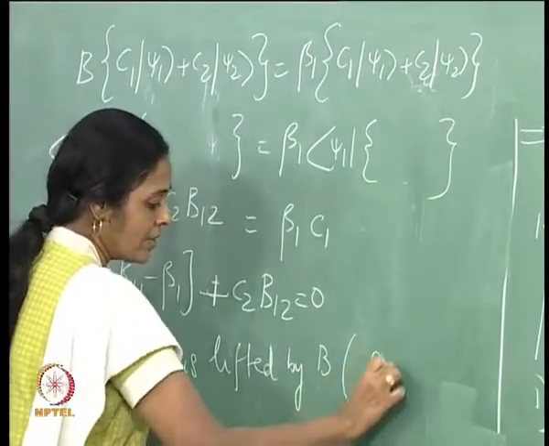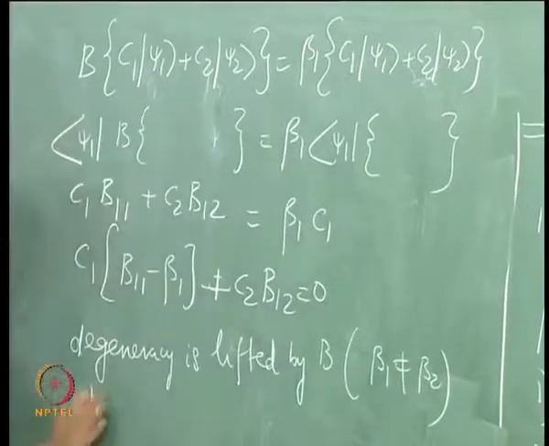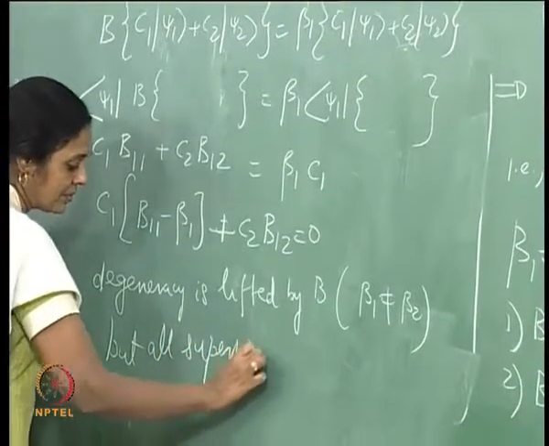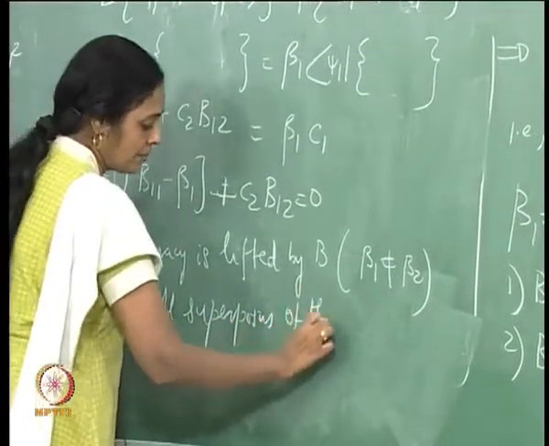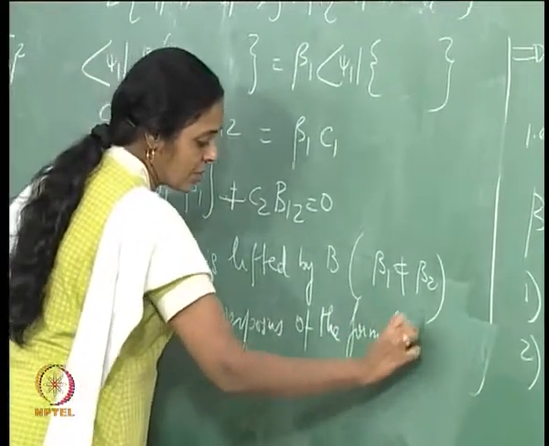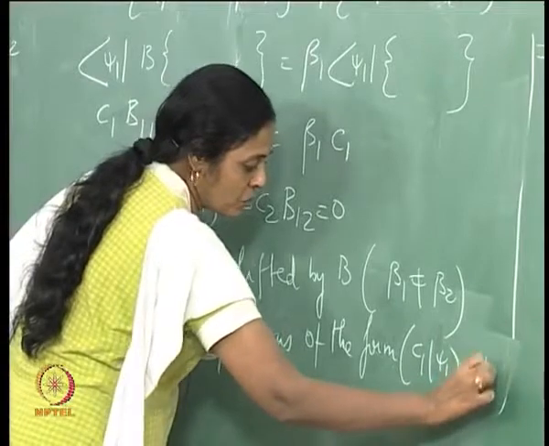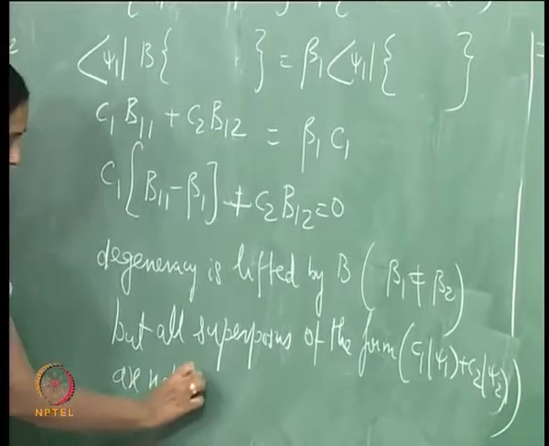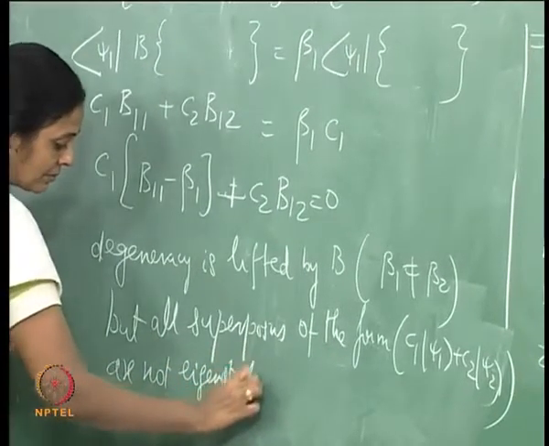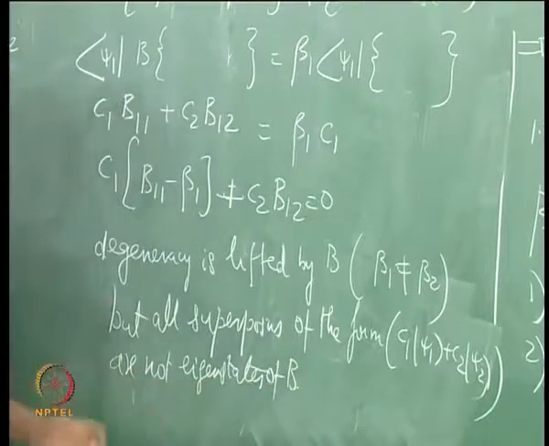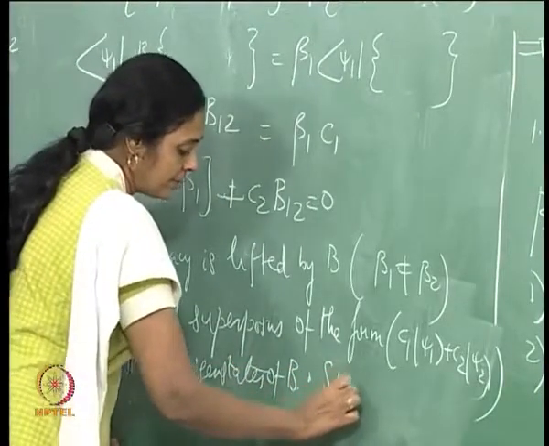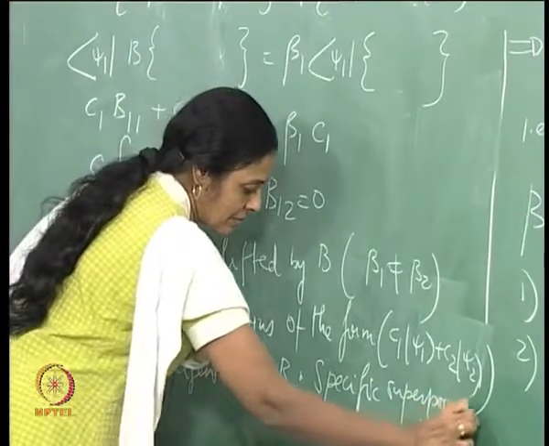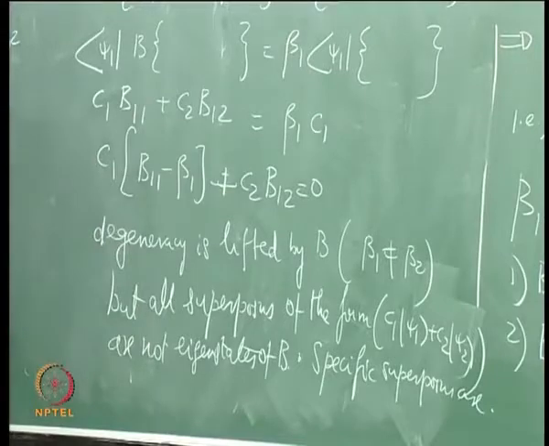that is beta 1 is not equal to beta 2, but all superpositions of the form C1 psi 1 plus C2 psi 2 are not eigenstates of B. Specific superpositions are, and the degeneracy is lifted.